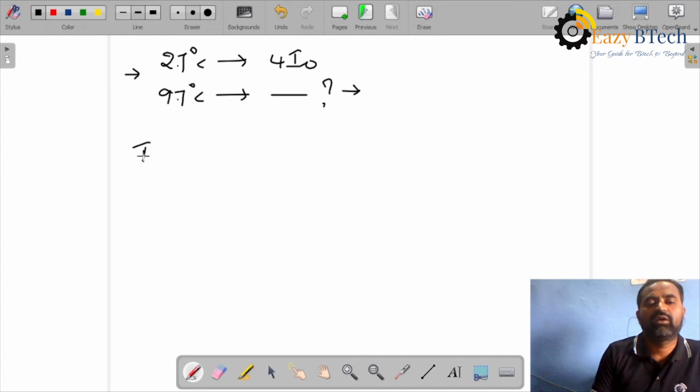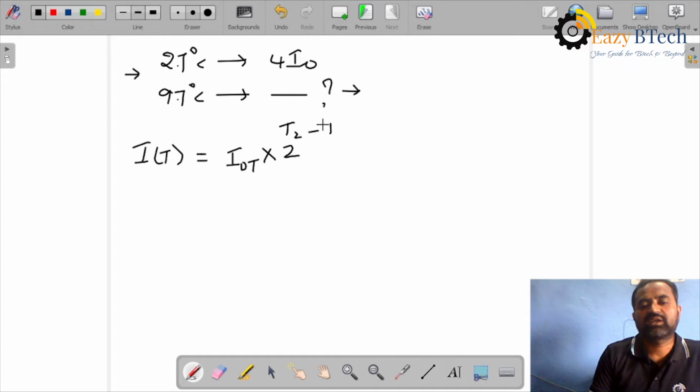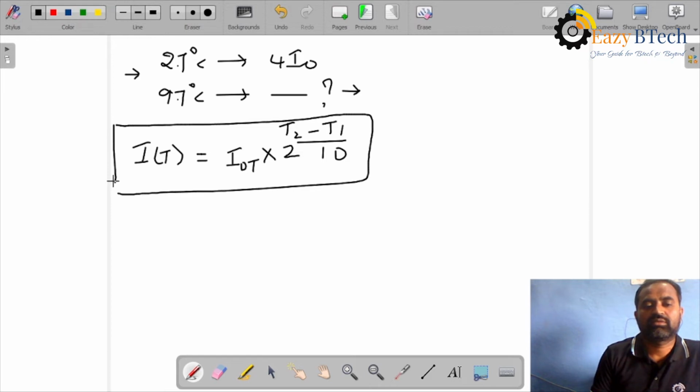The formula is I naught of T equal to I naught of T1 into 2 power (T2 minus T1) by 10. This is the formula.